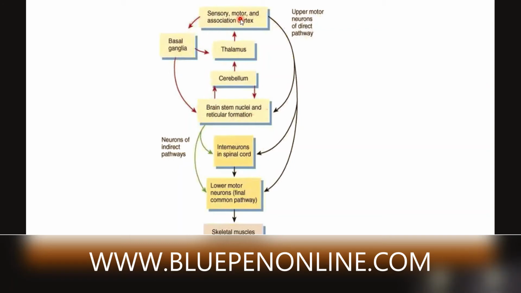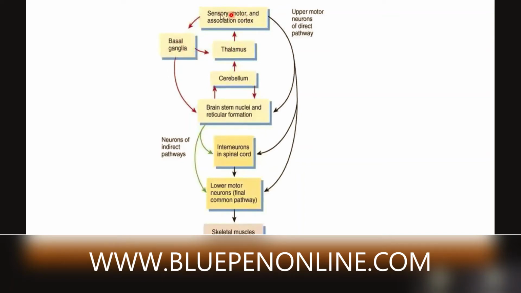Likewise, when we need a particular activity, the information will be sent to basal ganglia. Sometimes the basal ganglia will think about it, what type of movement we have to perform or what type of movement should be controlled, and that information will be passed to thalamus, and from thalamus it goes back to cerebral cortex.